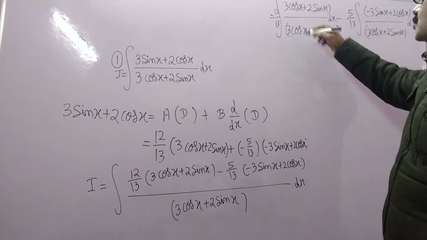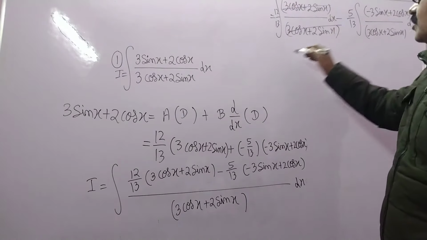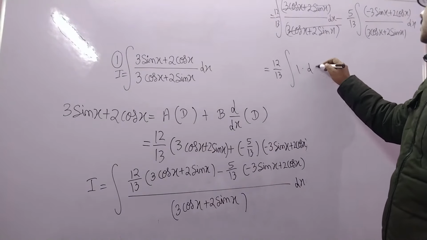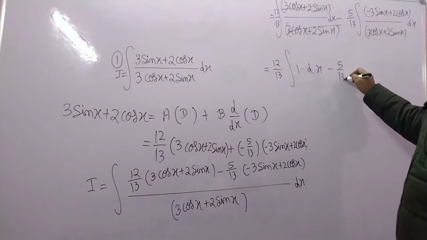In the first, 3 cos x plus 2 sin x cancel out from numerator and denominator, and we get 1 dx.